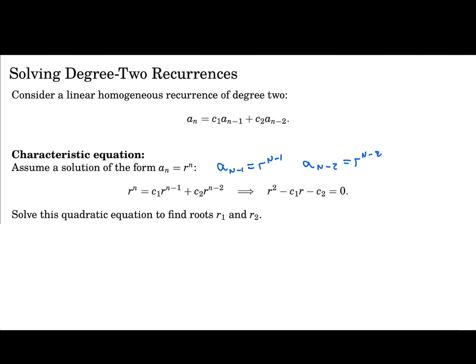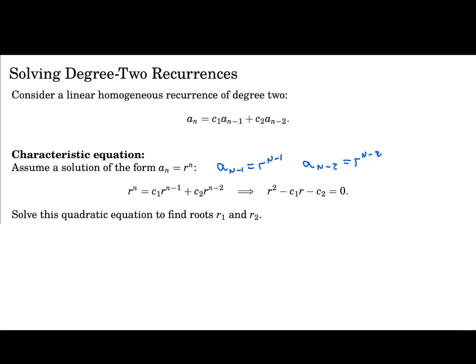If you replace that into the equation, you get r^n = c1 r^{n-1} + c2 r^{n-2}. Now if we divide by r^{n-2}, we get this equation here: r^2 - c1 r - c2 = 0.